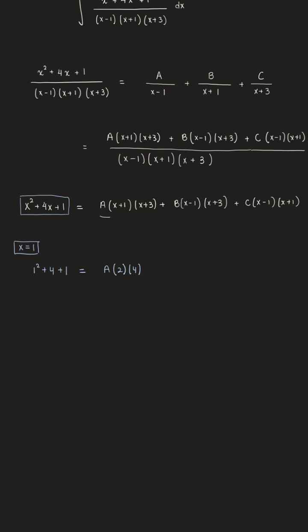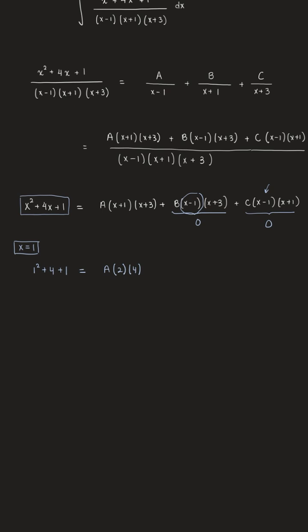When we plug in 1 here, this term is going to give us a 0, and 0 times anything is 0, so this will just be 0. And when we plug in x equal 1 in the last expression, again, that term will be 0, so the whole thing will be 0.